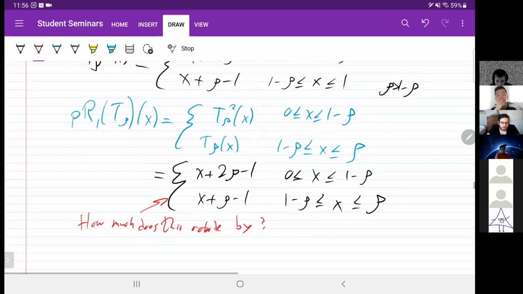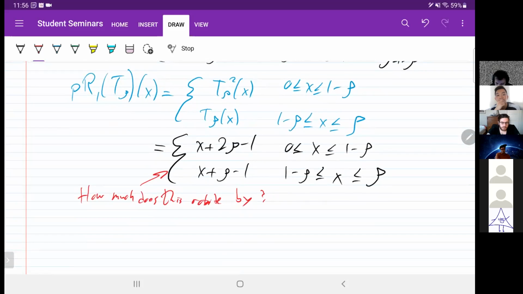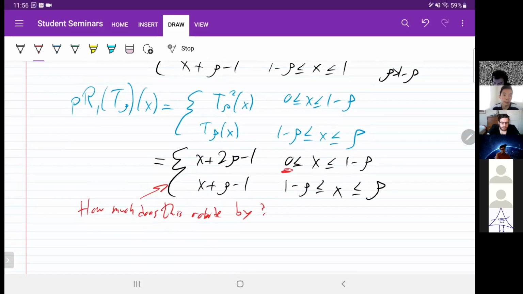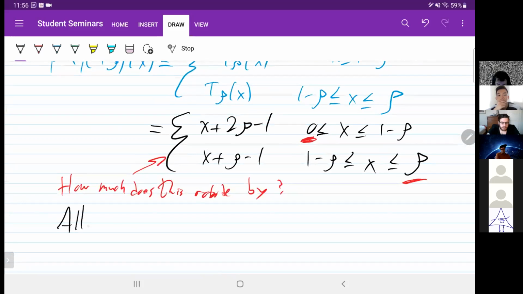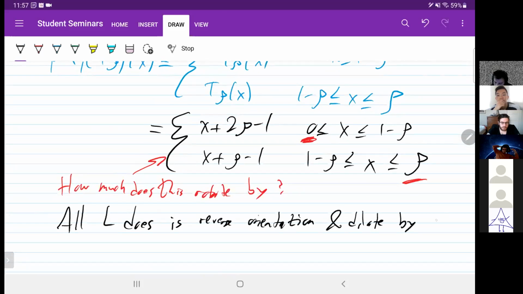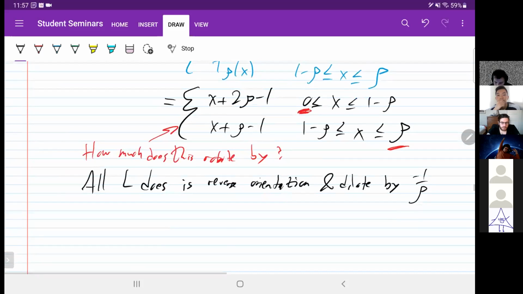Notice that this is defined on a domain from 0 to rho. So all L does is reverse orientation and dilate by -1/rho. The minus is for reversing orientation and the 1/rho makes this size 1.